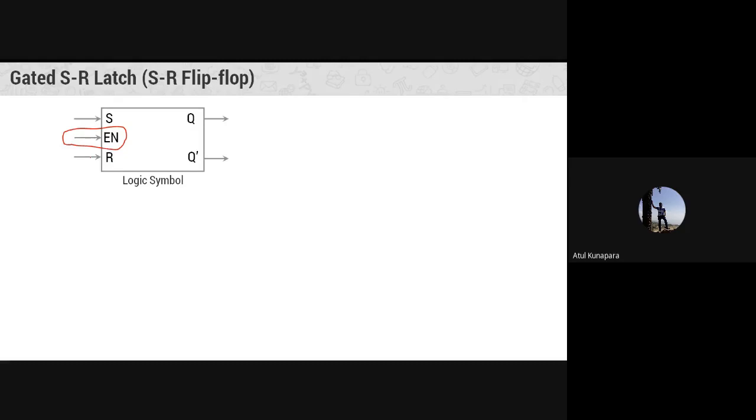It means this flip-flop will work in the same manner as your SR latch was working. But the difference here is it will be either set or reset based on the input given at S and R only when this circuit is enabled.